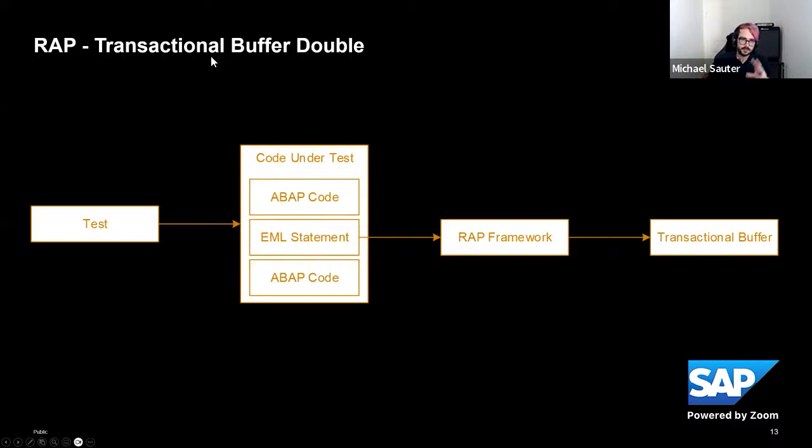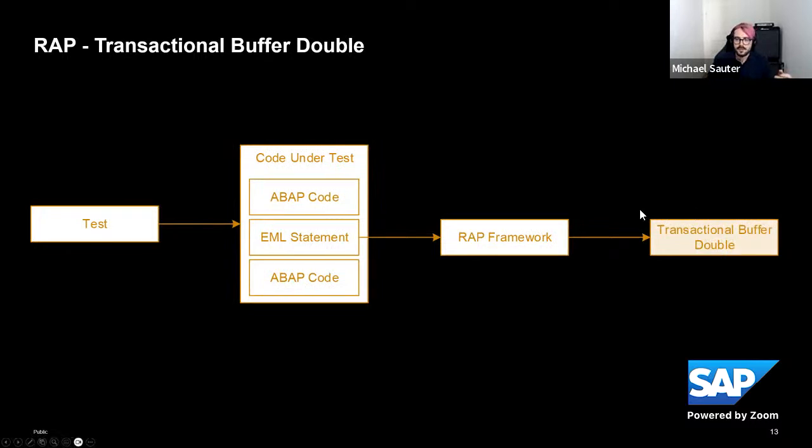One is the transactional buffer double, which is basically exactly what the name says. When the EML statement is executed, it calls the RAP framework, and that accesses a transactional buffer to get data and change data. The transactional buffer double replaces the transactional buffer.